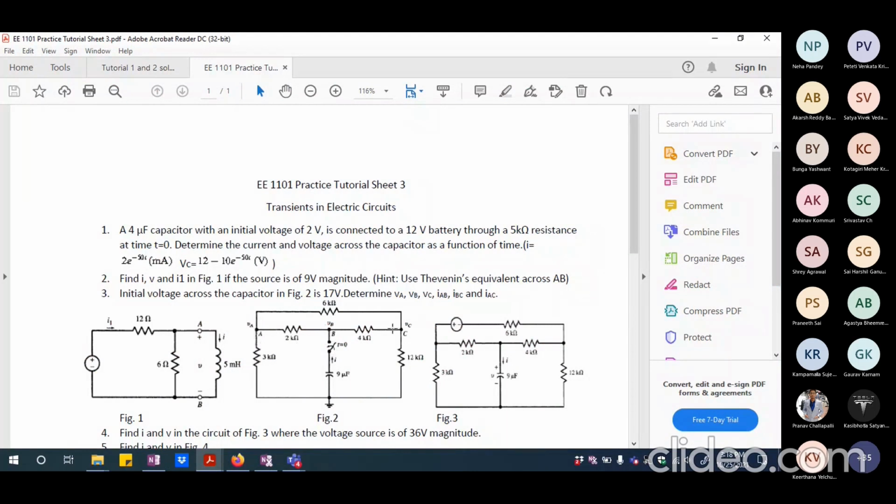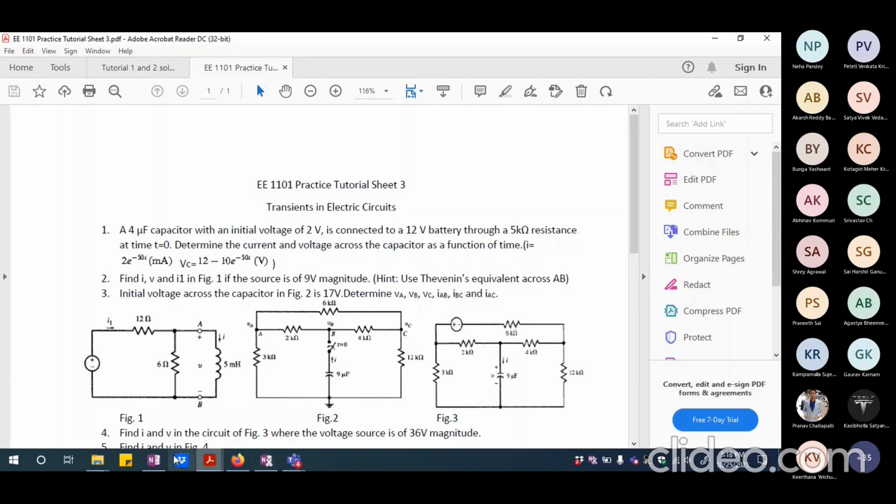Determine VA, VB, VC, IAB, that is the current from A to B, the current from B to C, and IAC, the current from A to C, that is through the 6 kilo ohm resistance. All three currents are being asked, and the three voltages are also being asked.